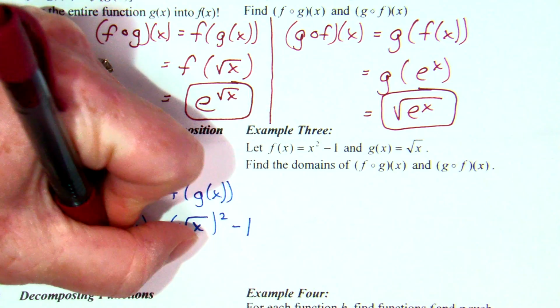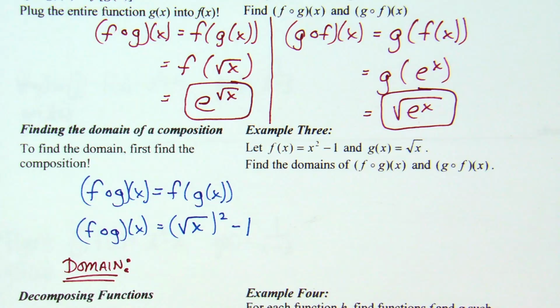And if we're talking domain, there's a reason I'm stopping there. If this simplifies to be x minus 1, are there any limits on what I can put in for x? No, you can subtract 1 from anything. So there's no limits. However, was this just x minus 1? It came from square root of x.